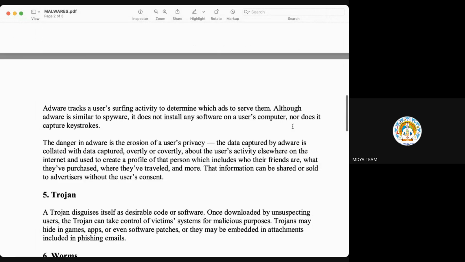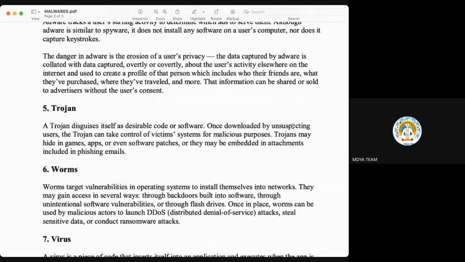Adware, something, and Trojan horses. They look like a standard program which you are searching for, but they are not those programs. If you click on those programs or download those softwares, they corrupt your files. So those are the Trojans.